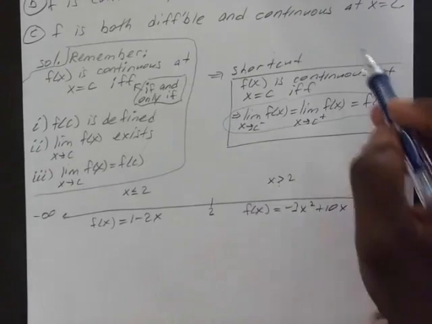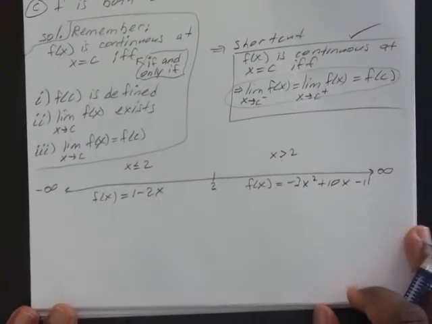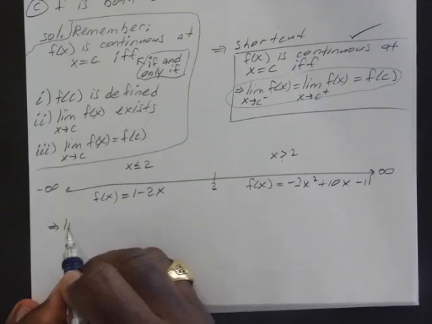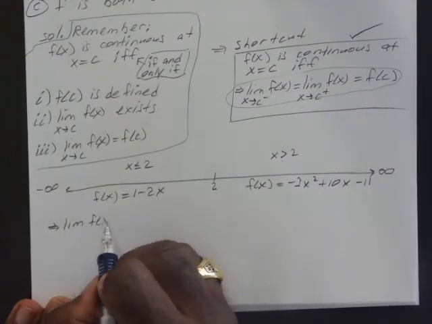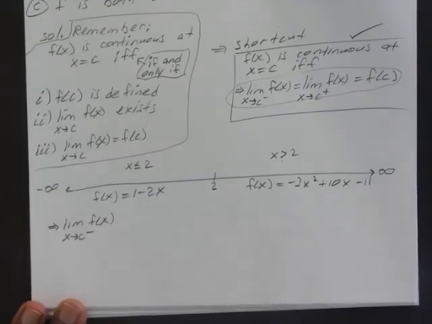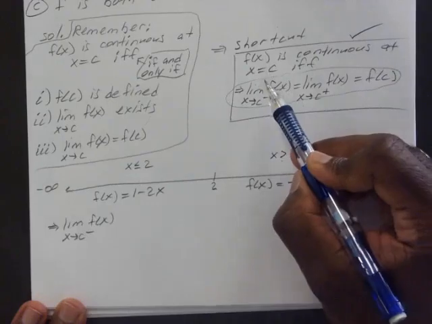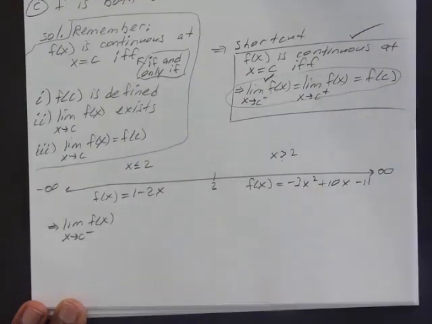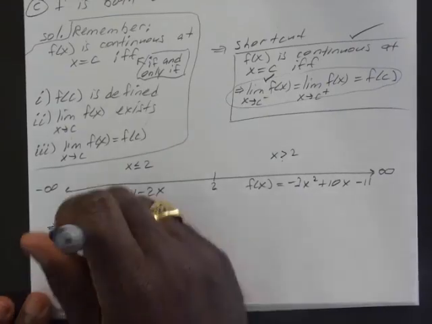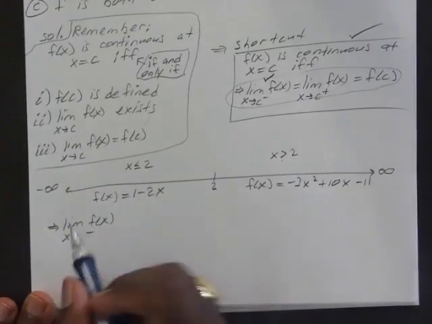Okay, so using the shortcut, first I have to find the limit of f of x as x approaches c from the left. In this case, c is equal to 2, so we can just say as x approaches 2 from the left.